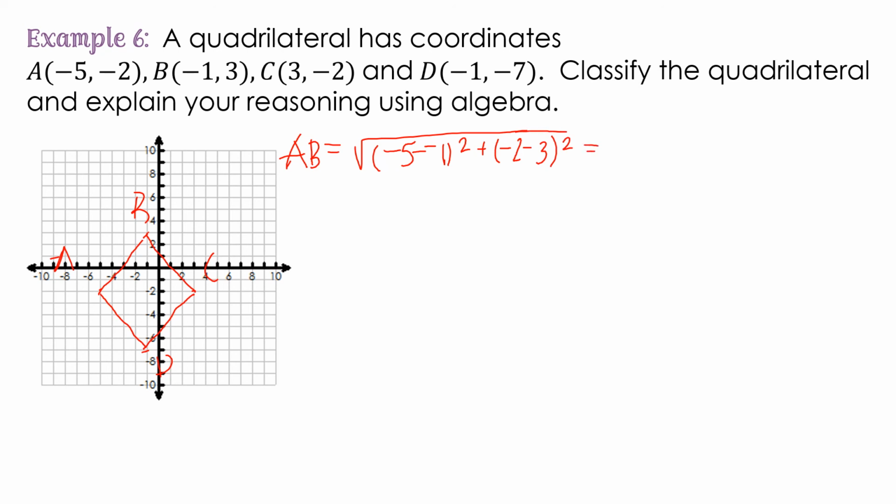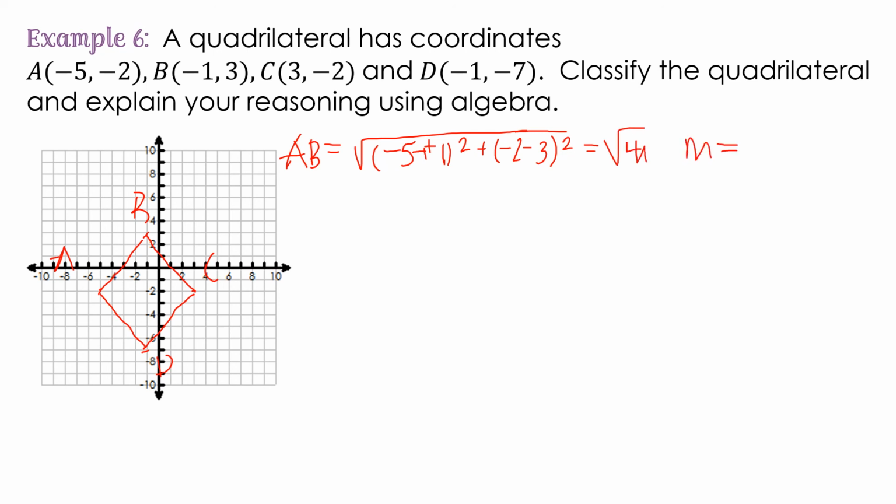You can become a distance formula expert with as many times as you're going to have to do this. So, all right, -5 minus -1, that would be -4 squared, which would be 16. And then -2 minus 3 is -5, and -5 squared would be 25. So 16 plus 25 is 41. Square root of 41 is just the square root of 41.